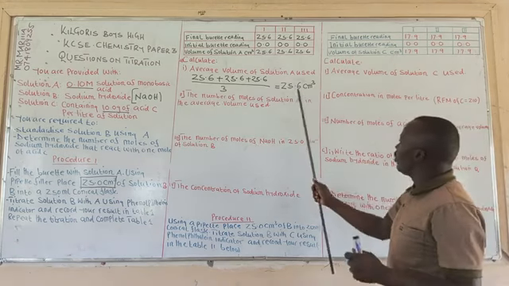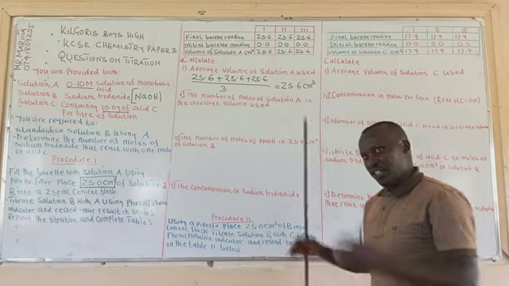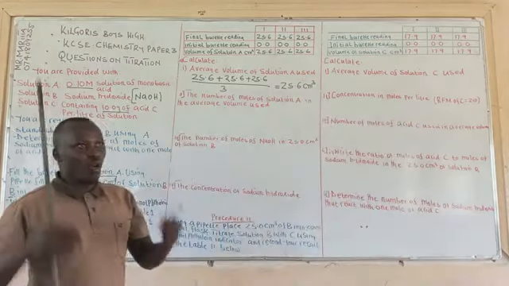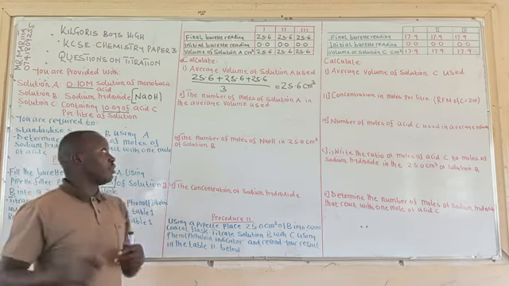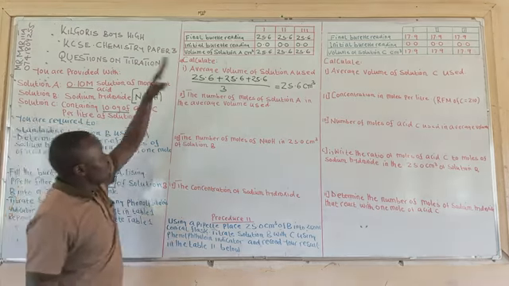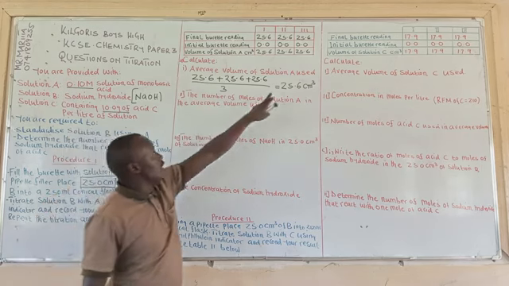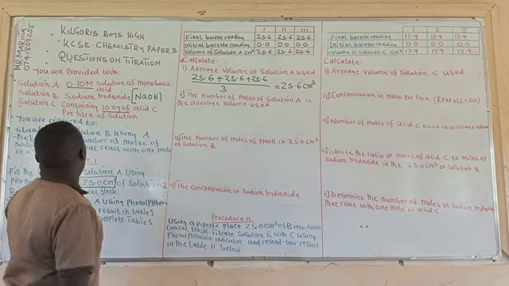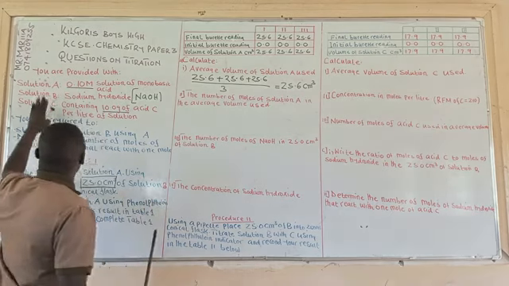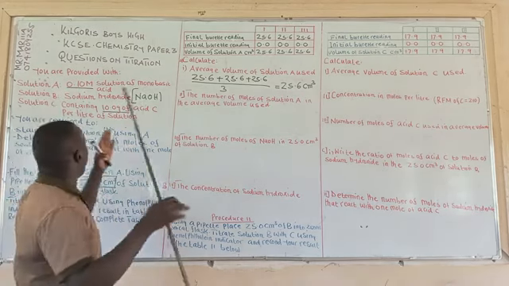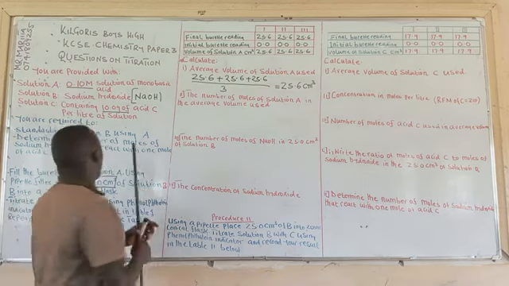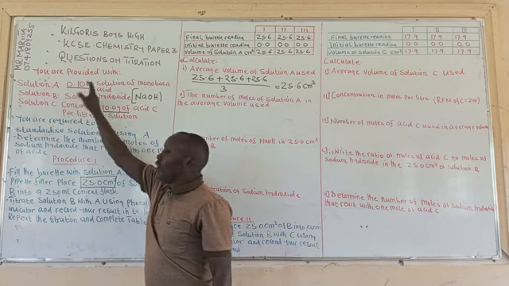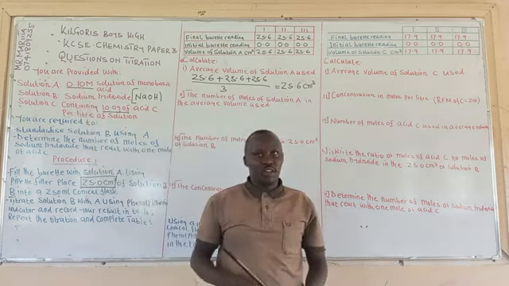Calculate the number of moles of solution A in the average volume. This is where you are supposed to recall the formula for finding the number of moles. In the average volume, the volume we have is 25.6 cubic centimeters. Then in solution A, we have been given the concentration, which is 0.10 capital M molarity.